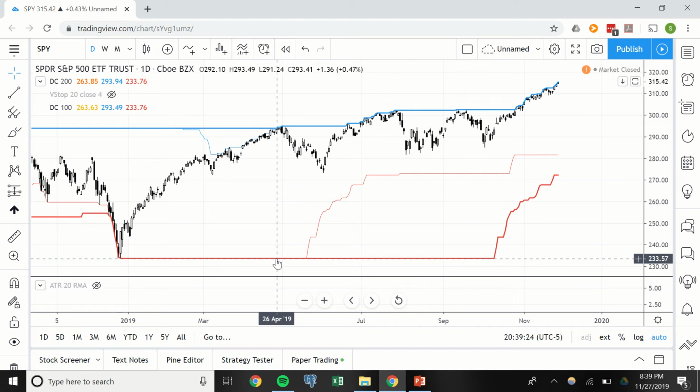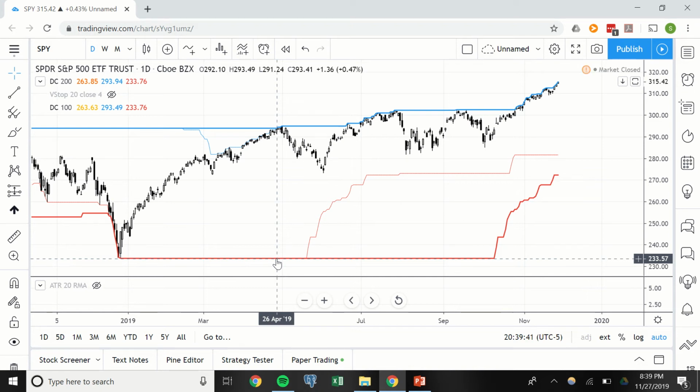So we don't have a spot to place an initial stop loss, and because we don't have a spot for an initial stop loss, we can't size our position or know how many shares of this ETF we should purchase.